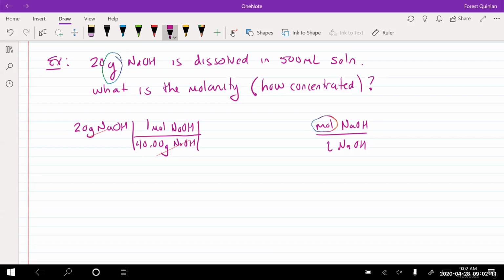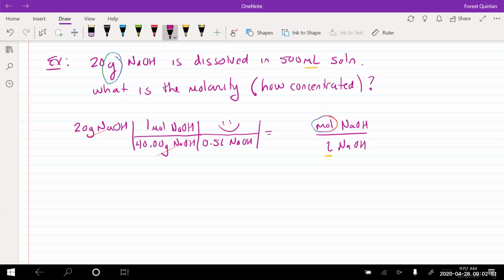Now we just need the liters, and hopefully you guys can see I got some milliliters here and liters here. I just have to put them where they need to go. And since liters is on the bottom, I'm going to put that half a liter of sodium hydroxide there on the bottom. I don't need anything up there, so I'll just make myself happy.